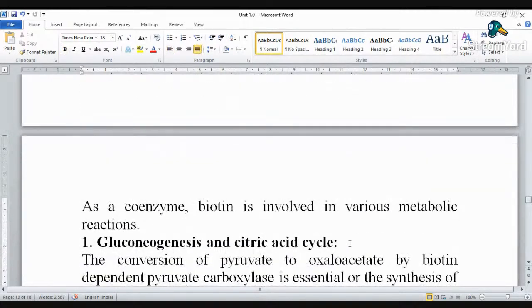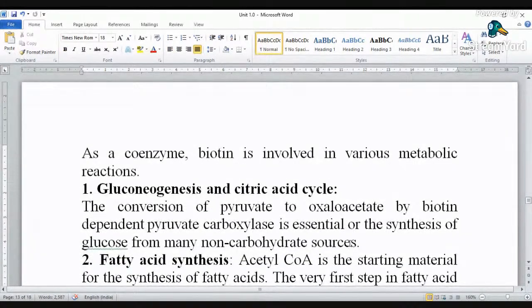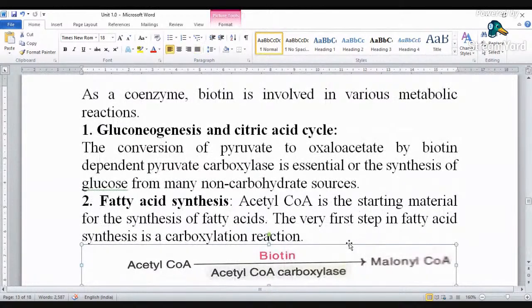As a coenzyme, biotin is involved in various metabolic reactions. बघा, पहिली रिएक्शन कोणती? Gluconeogenesis and citric acid cycle. The conversion of pyruvate to oxaloacetate by the biotin-dependent enzyme pyruvate carboxylase is essential for the synthesis of glucose from many non-carbohydrate sources.